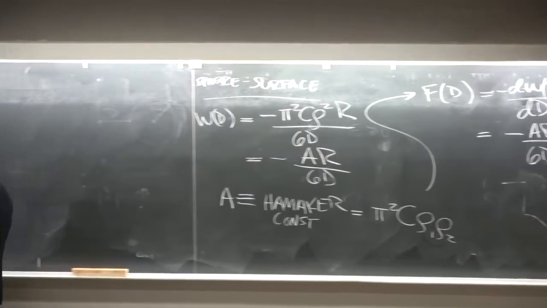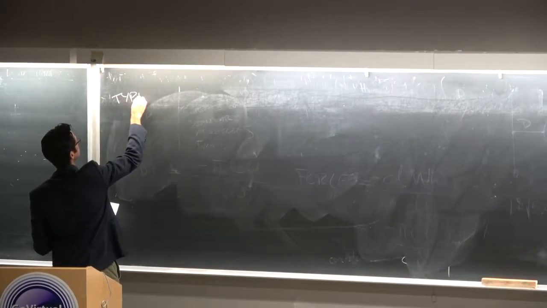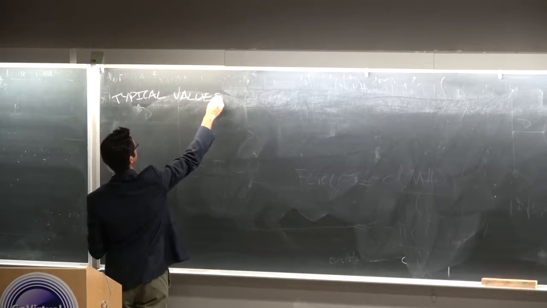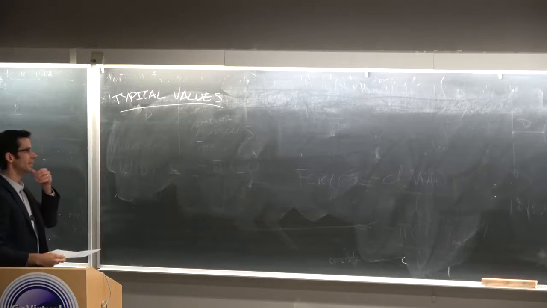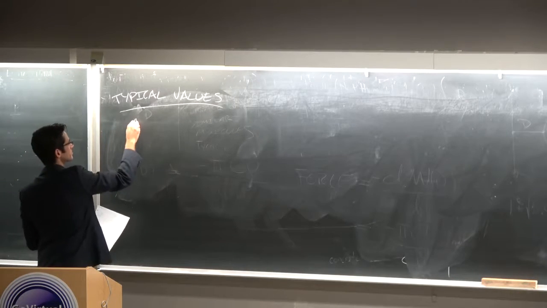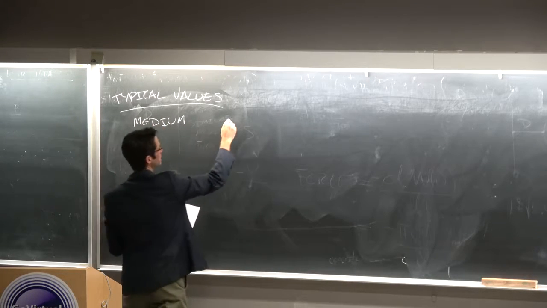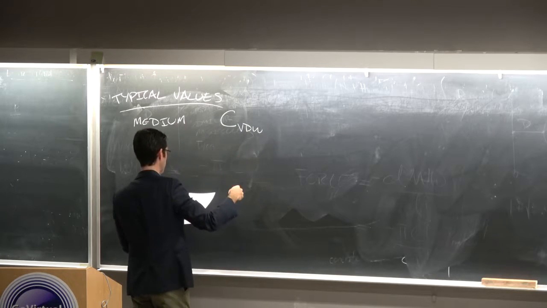What are some typical values? Because this is a very theoretical discussion, and I'm an experimentalist, I like numbers. So there's a medium, we have a C Van der Waals, so the medium is basically the material.